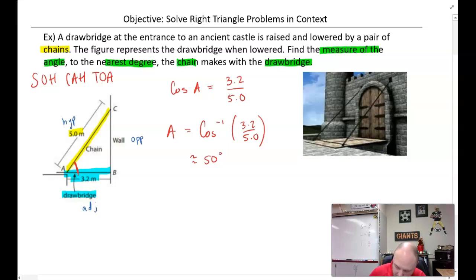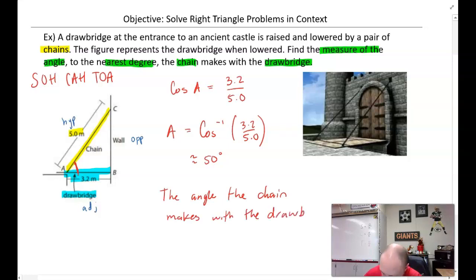We say the angle the chain makes with the drawbridge is about 50 degrees.